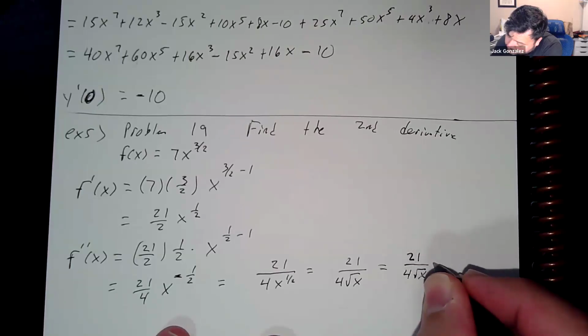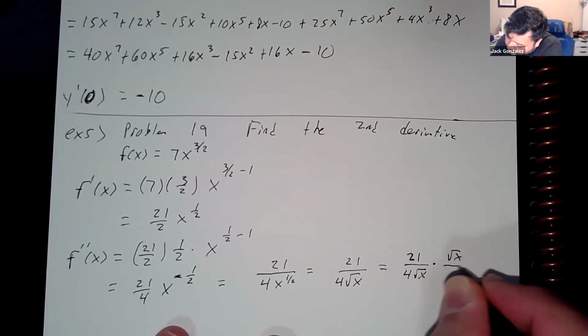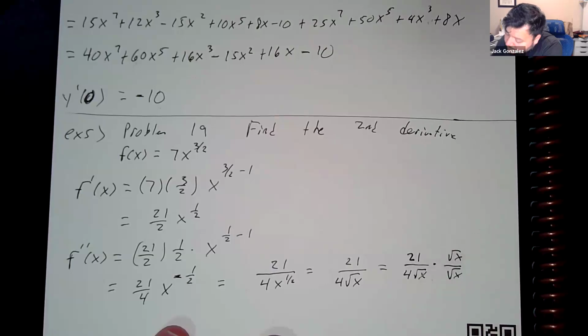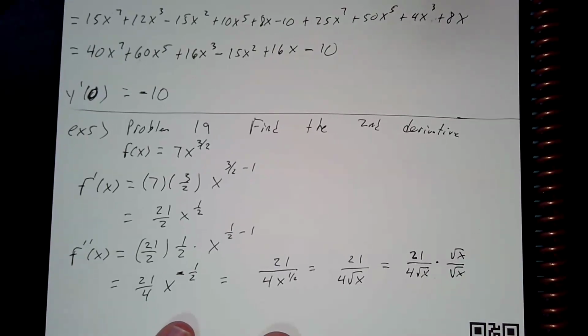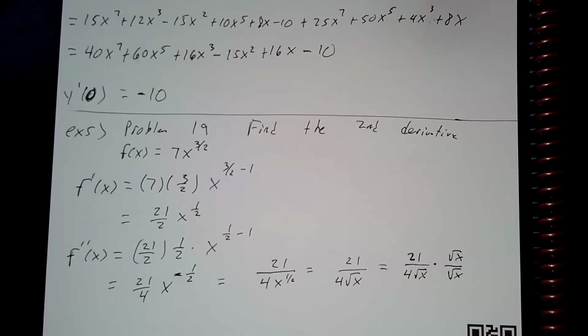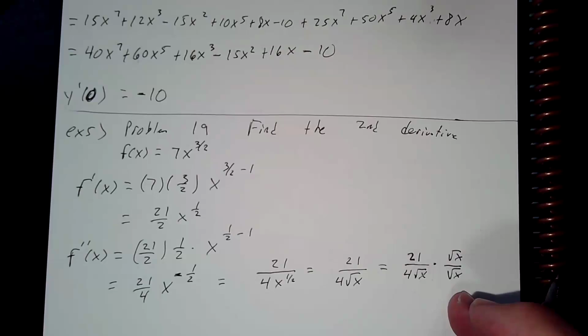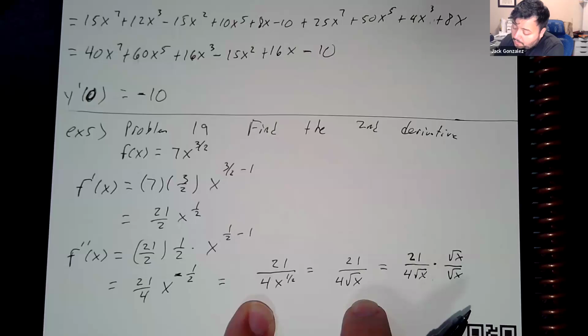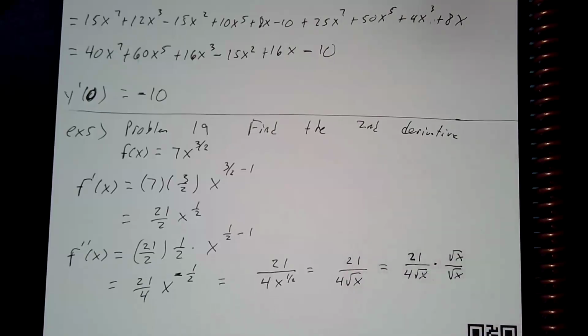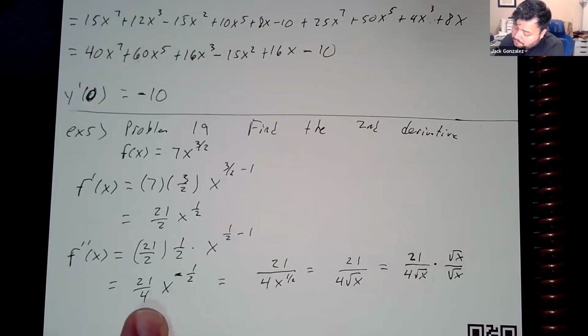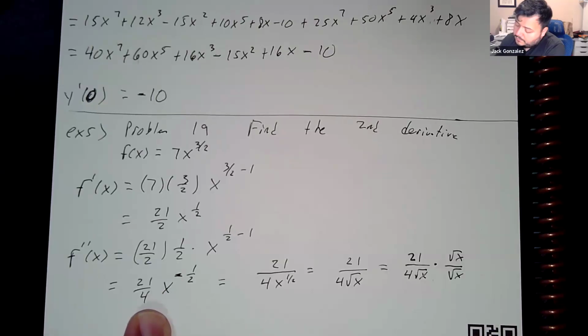So you force it to square by multiplying by a form of one. No, actually, my question is the before. Before 21 over 4x to the negative 1/2. Oh, from here to here? Yes.